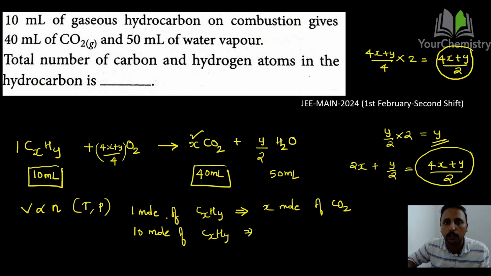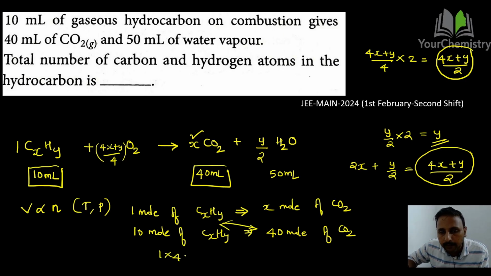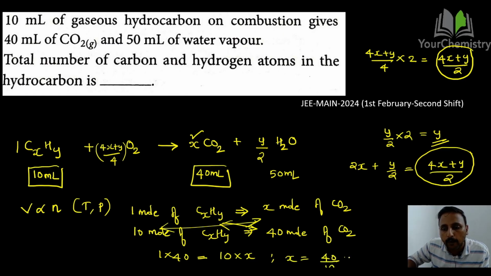Because volume is proportional to number of moles, this must give you 40 mole of CO2. Now using this relation we can easily solve for x by cross multiplying. Cross multiplying means 1 into 40 equals 10 into x, or x is equal to 40 by 10, which is equal to 4. Any doubt? No. So we got the value of x as 4.